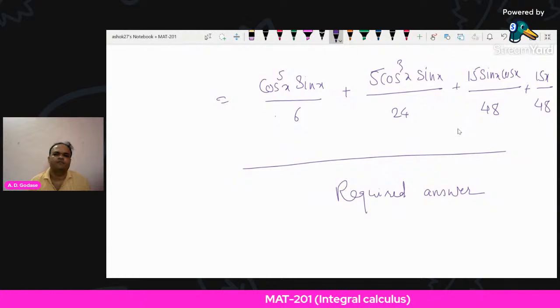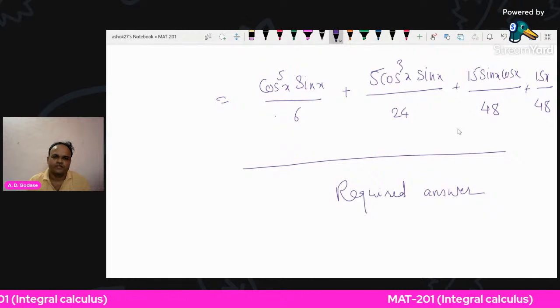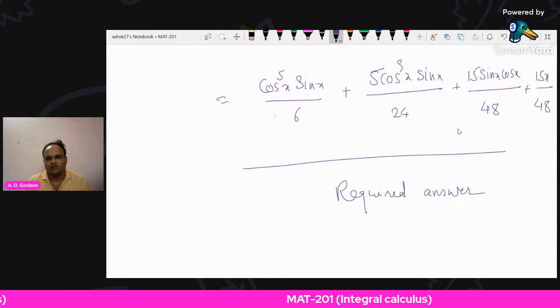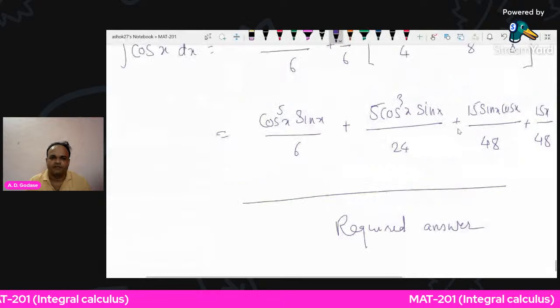So this is the integration of cos raised to nx dx if n is an even integer. Already we have seen the first case, that is if n is an odd integer.